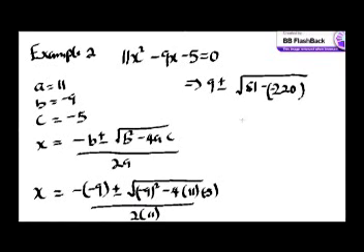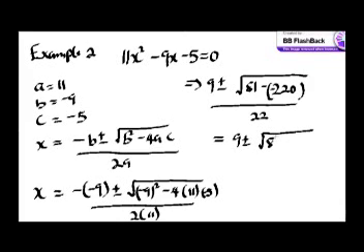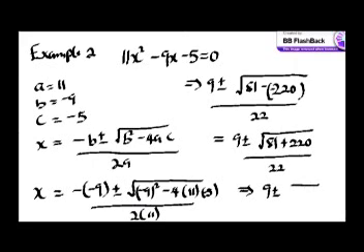You have minus 5 there, and everything here divided by 22, so it becomes 9 plus or minus square root of 81 plus 220 all divided by 22, and I'll be having 9 plus or minus square root of 301 everything over 22.